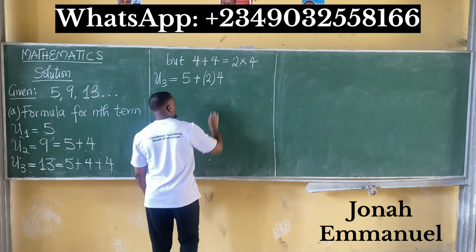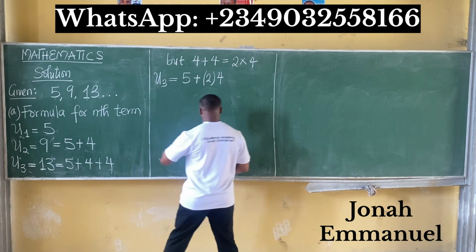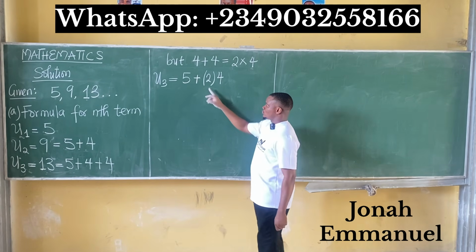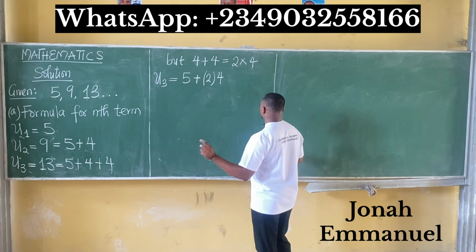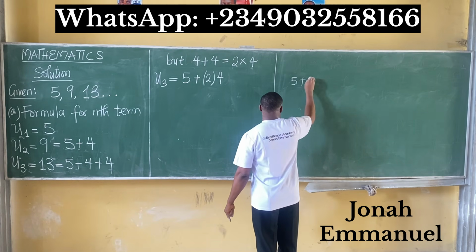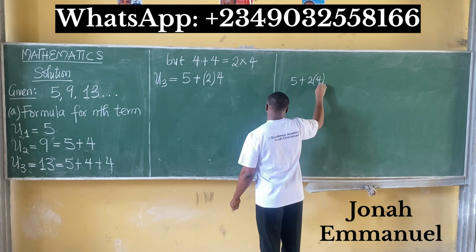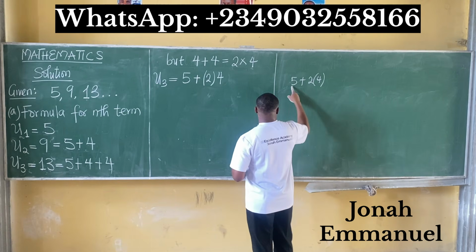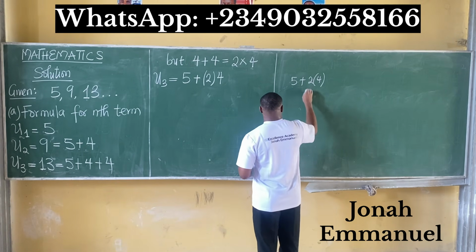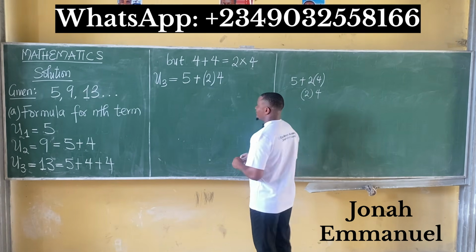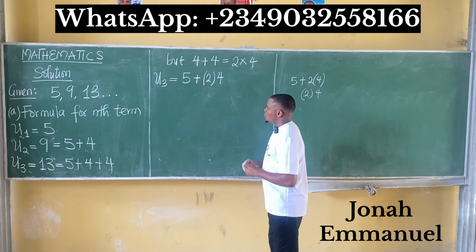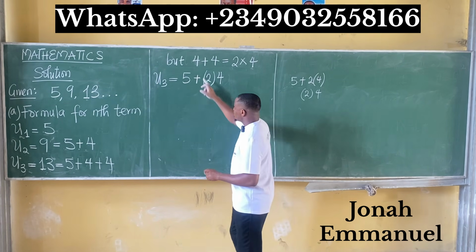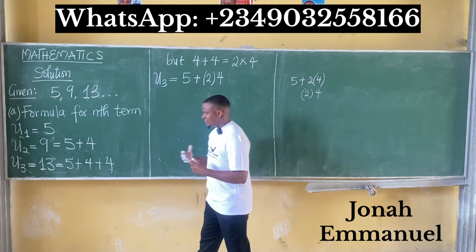Now, here are some few things to note. The reason why I am putting 2 in bracket instead of 4, observe I did not do 5 plus 2 into 4. No, I added 2 in the bracket and I kept 4 outside. Why did I do that? Well, the concept here is simple. It is 4 that was the constant term.